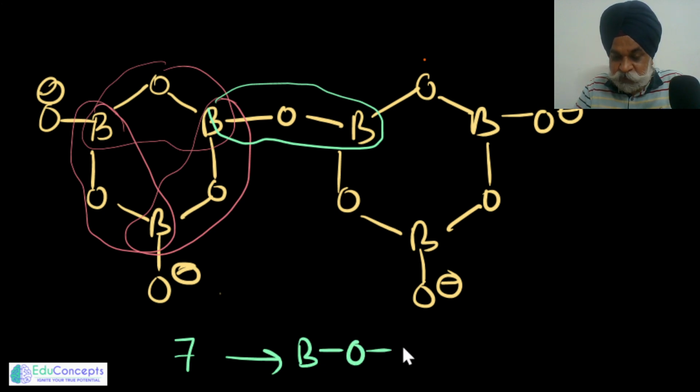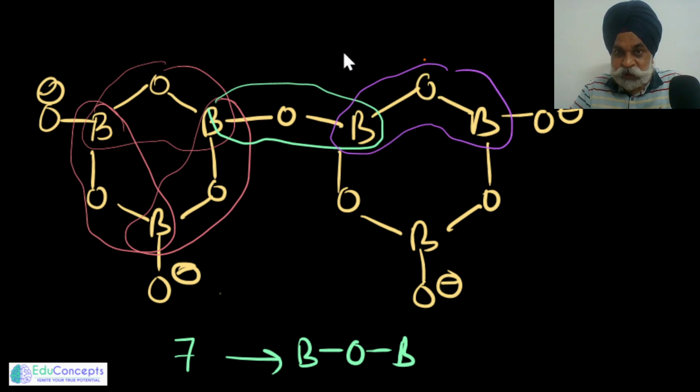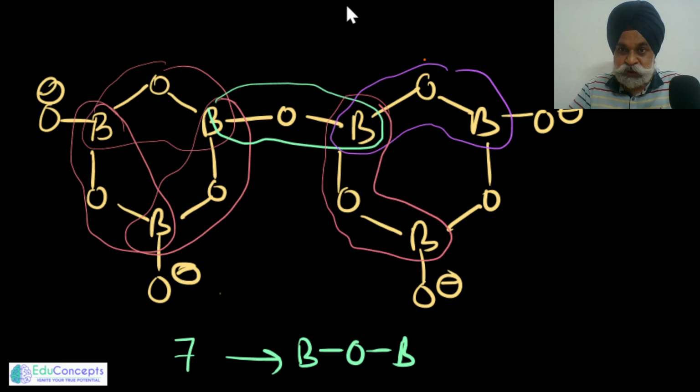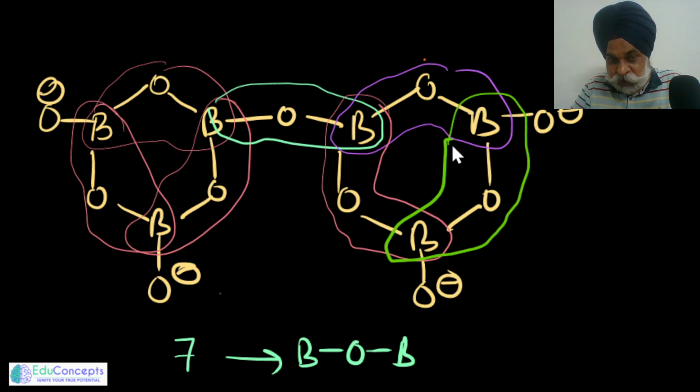And in the hydrated form, it takes some other shape, which is again very interesting. Hope you have understood it well. We talked about this particular species last time also, where I haven't answered it and I said to do it yourself. So we found that there are 7 BOB bonds in this particular structure.